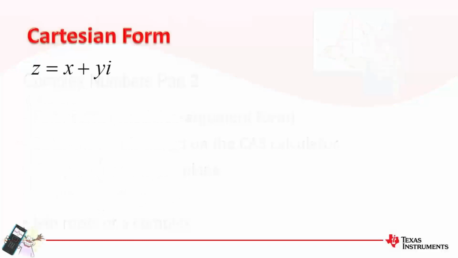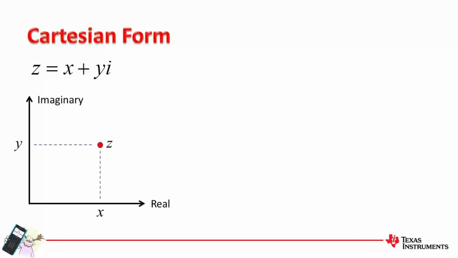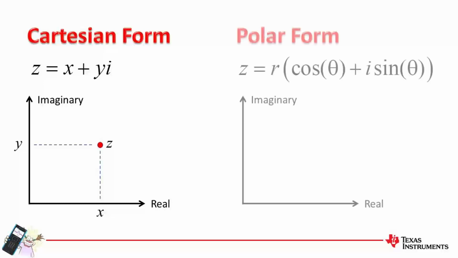So, Cartesian or rectangular form is z equals x plus yi, where x and y are real numbers. The calculator calls it rectangular. The form used in specialist maths is r cis theta.